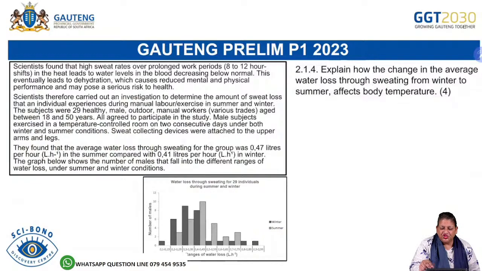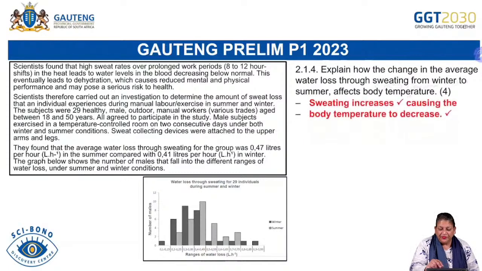Explain how the change in the average loss of water through sweating from winter to summer affects the body temperature. Now, children, look here. If you are going from winter to summer, how is your body temperature going to be affected? Remember, it is becoming very hot. So when it becomes hot, sweating increases.